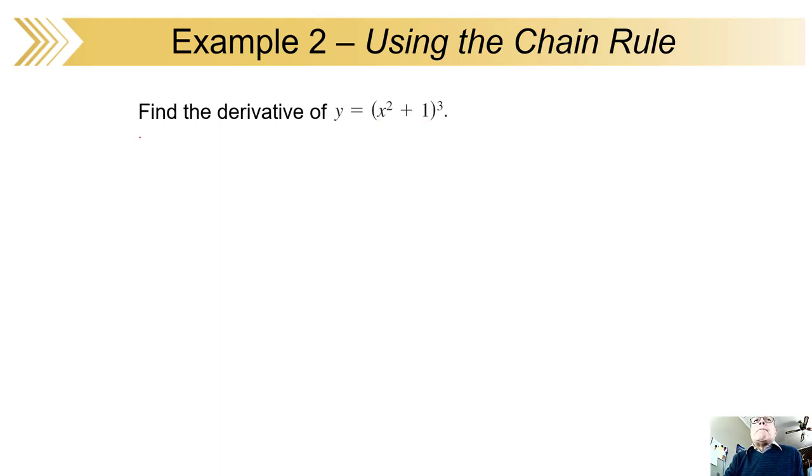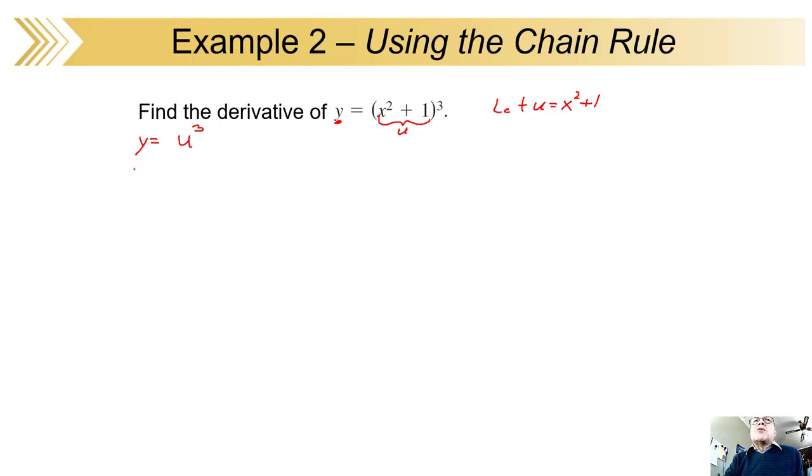So I'm going to call this u temporarily. Let u represent the x squared plus 1. The nice thing about this is it makes things simpler. So if that's what u is, then this y right here is going to be just u cubed. Well, gee, that makes it seem simple.